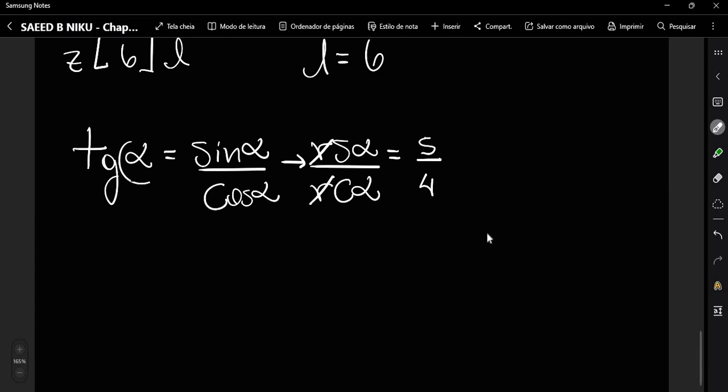We want to know alpha, so in order to know alpha, we take the arctangent.